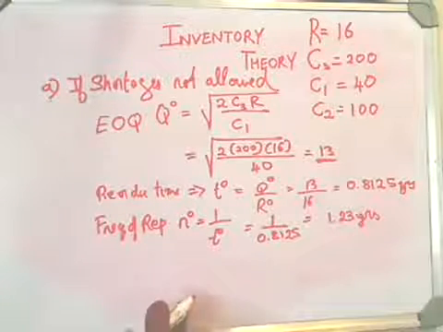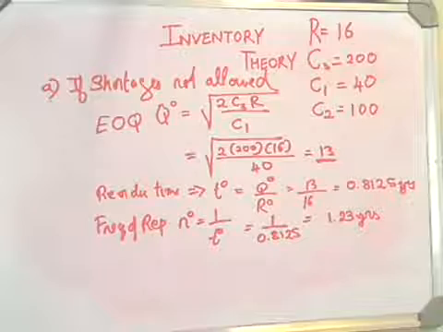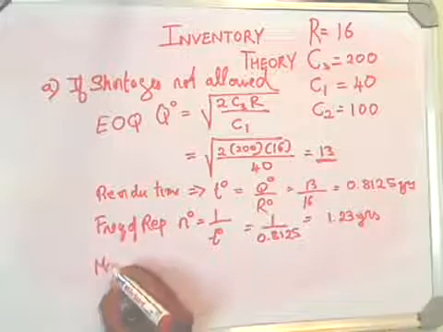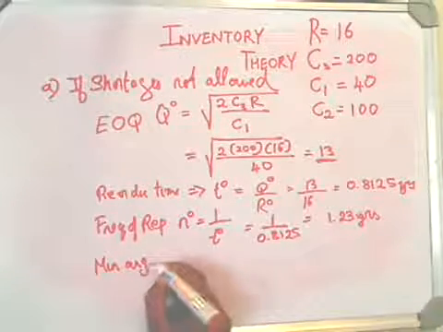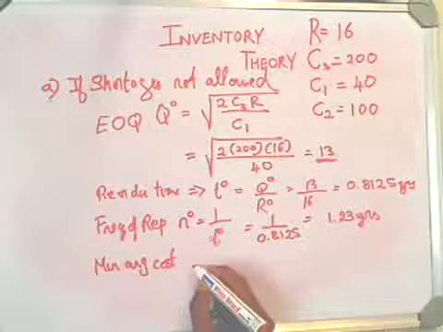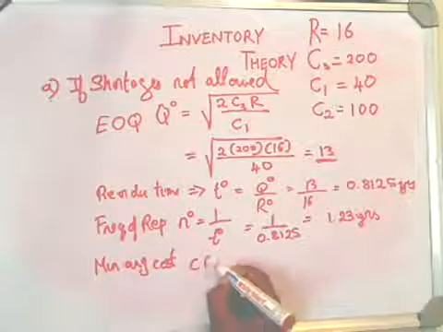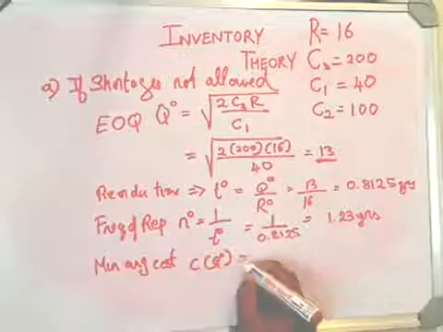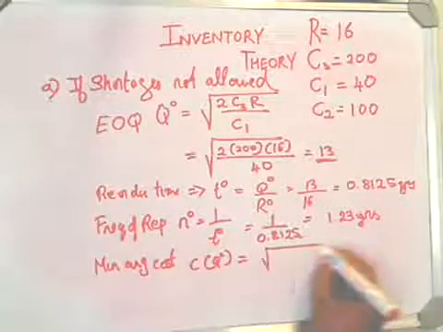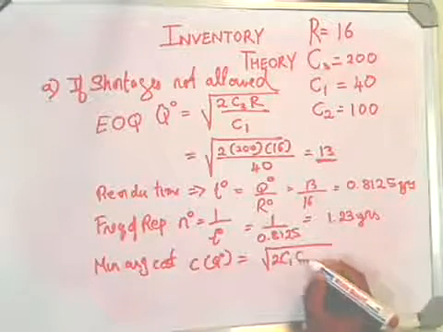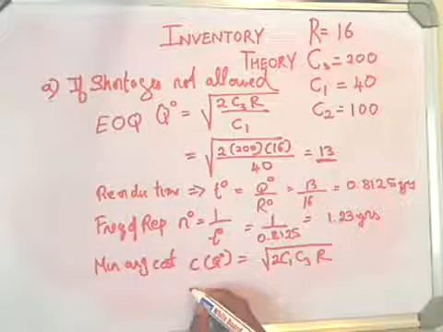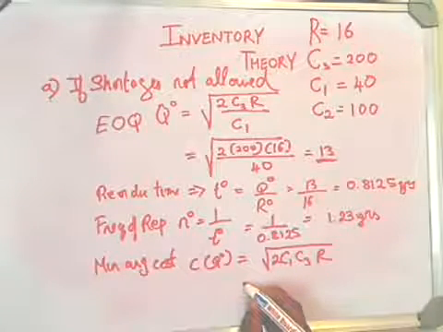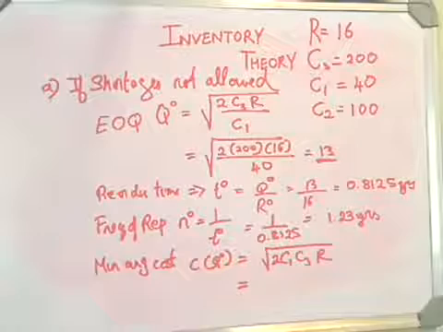Okay, and then the minimum average cost. Minimum average cost equals the square root of 2C1C3R. Now, I hope I don't run out of space when I do this.